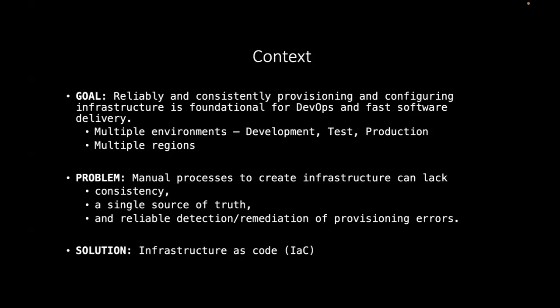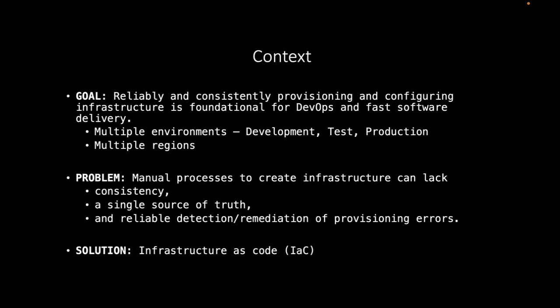But for each of those environments, we want to ensure it is the exact same infrastructure that our application code is running on top of. Otherwise, if problems arise in production, we can't exactly replicate what the production infrastructure looks like in a test or development environment.